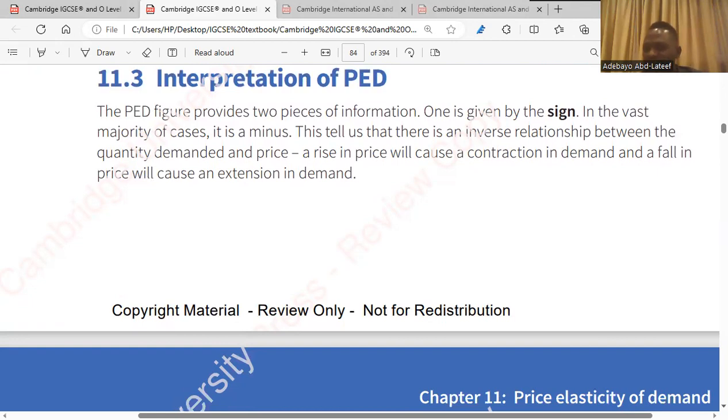One is given by the sign. In the vast majority of cases, it is a minus. This tells us that there's an inverse relationship between the quantity demanded and price. A rise in price will cause a contraction in demand, and a fall in price will cause an extension in demand. I think that is clear.